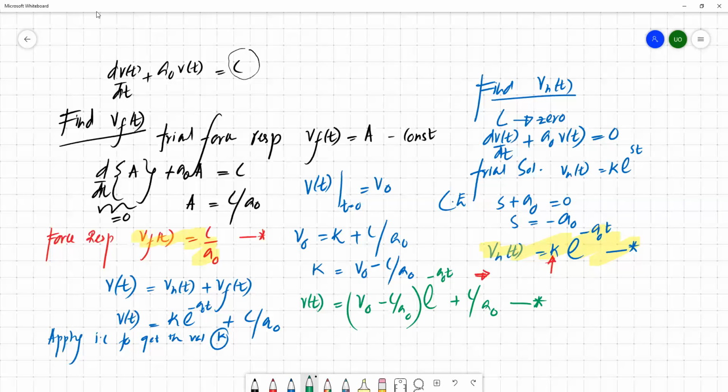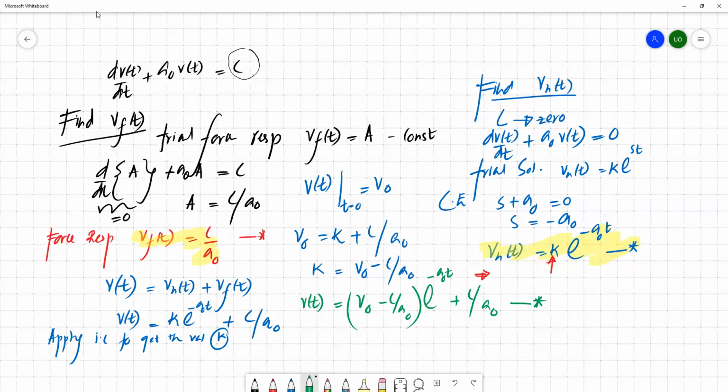The difference from before is that the right hand side of the differential equation is not zero, so it comes with a constant. That means there is a contribution from external DC sources. So with a non-zero constant on the right hand side, we need to find two quantities.